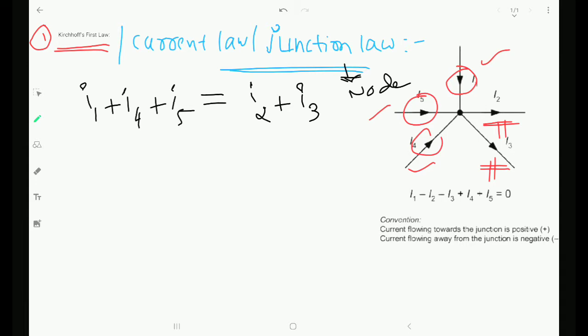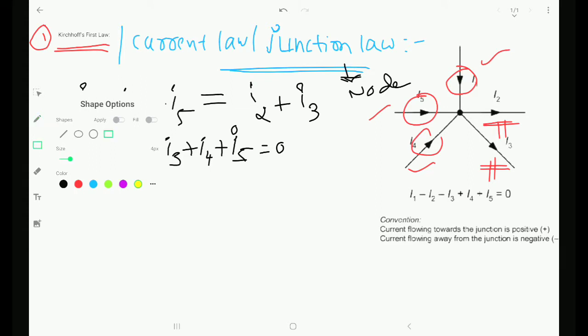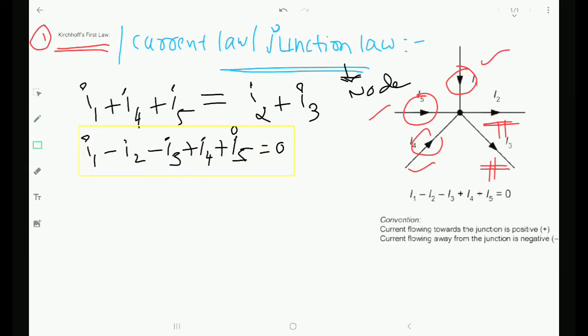Now bring I2 and I3 to this side: I1 minus I2 minus I3 plus I4 plus I5 equals 0. The total current at the junction equals 0.